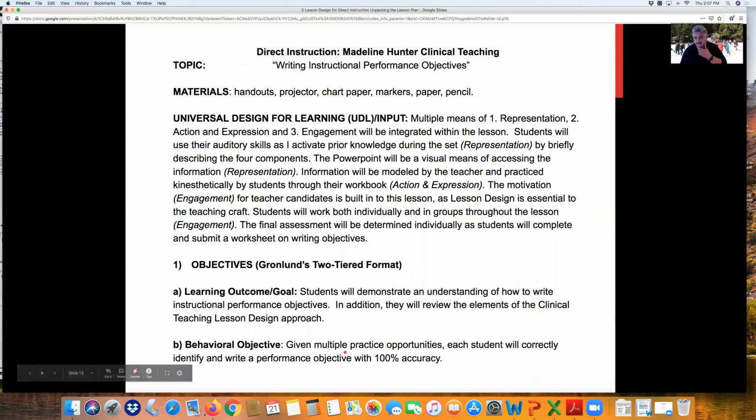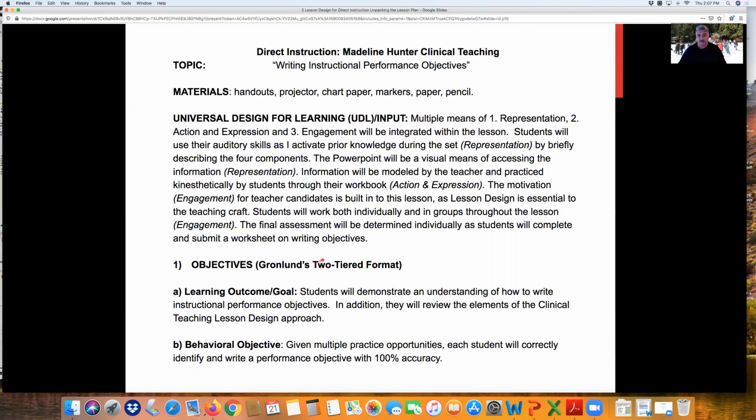In this case, having been given multiple practice opportunities, each student will correctly identify and write a performance objective with 100% accuracy. You can see that this is very specific to this particular lesson plan, whereas this learning outcome or goal is broader and can cover other aspects, perhaps even other lessons. That's why I like Gronlund's two-tiered format, which allows you to always have the big picture in mind, and then specific objectives within your lesson.